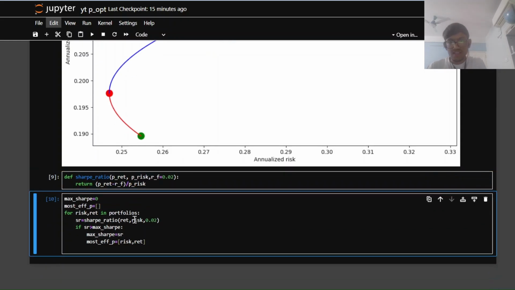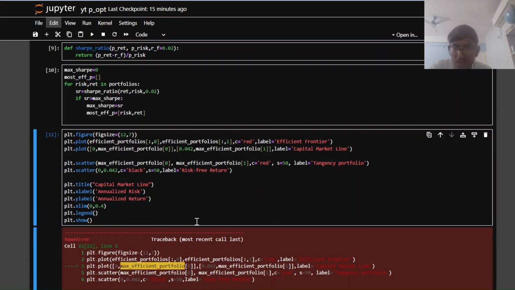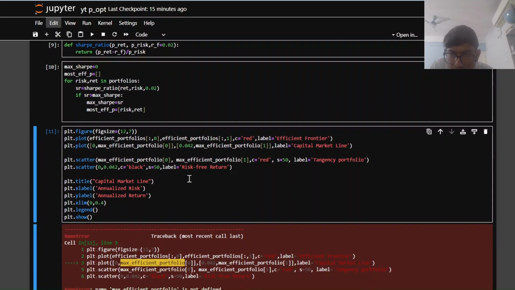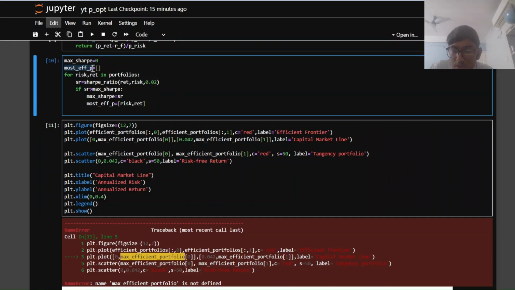Let's execute both the cells and now let us plot the whole graph. Right. So I'll just use the code that I have in the other Jupyter notebook. So there we go. I have used another variable name in that notebook. So here it is, most efficient portfolio.